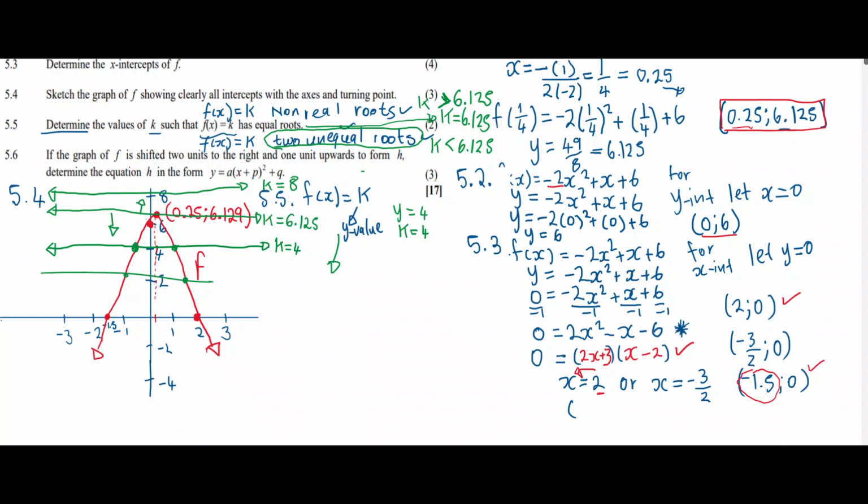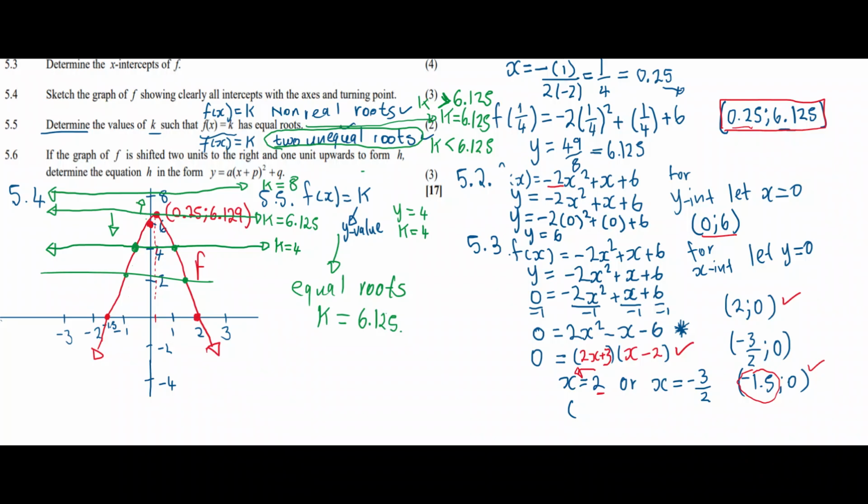And for this specific question, because they were asking for equal roots, you will see that it's when the k value is passing through 6.125. So I think we have it over there.